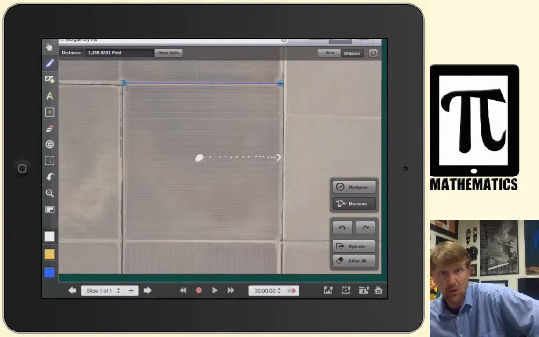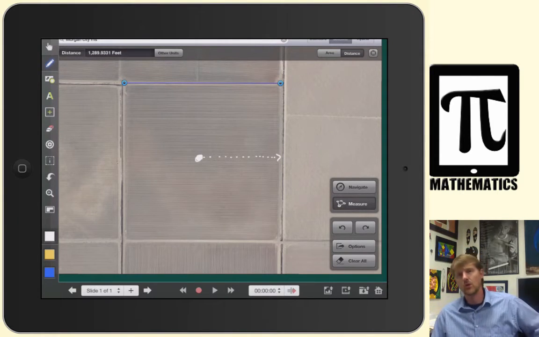So that's the first problem that you pose to students. It says, well, how long is our sprinkler going to be? How long is our pivot going to be?